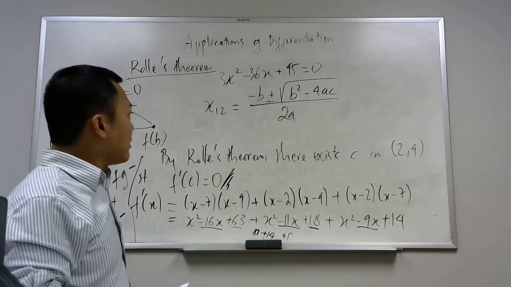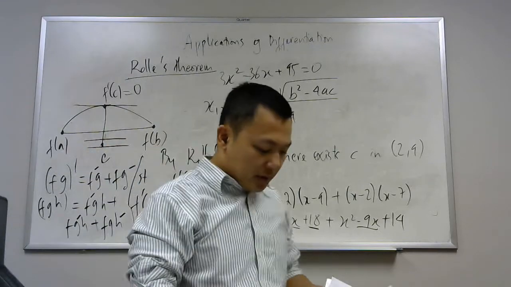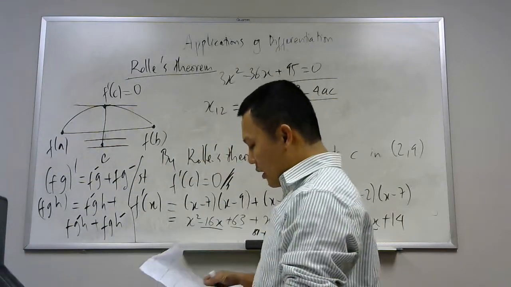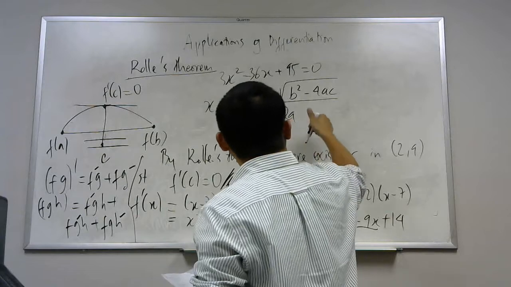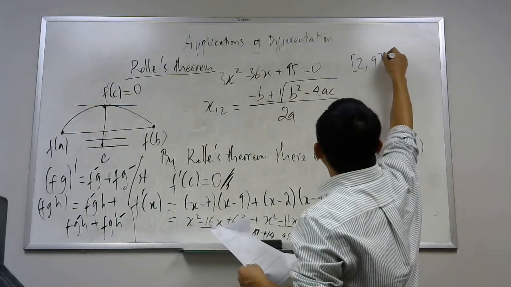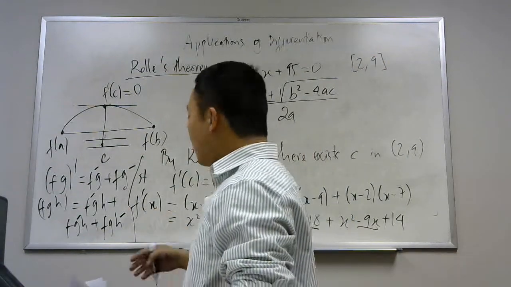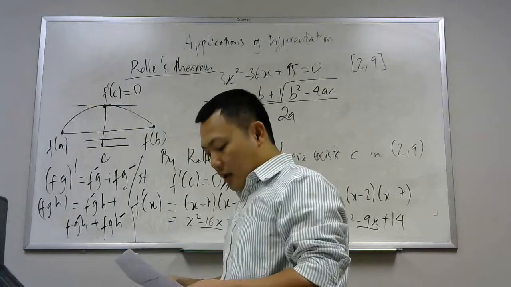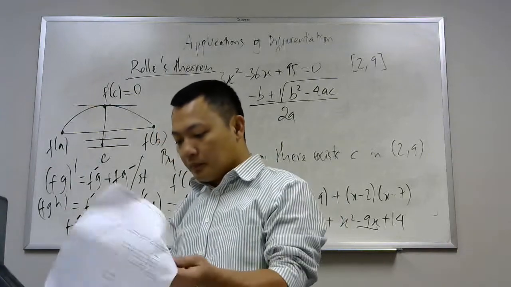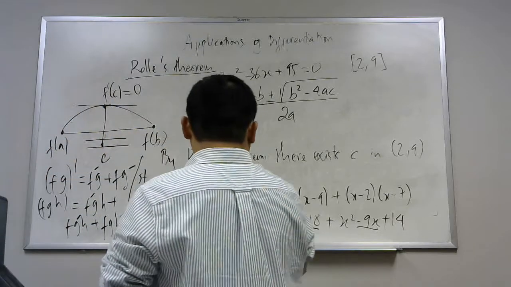Plug those in, and then just find the numbers. And that's it. Of course, once you get two values in here, you have to keep in mind that we are considering this function on [2, 9], right? So we just pick the point in between 2 and 9 only. All right.